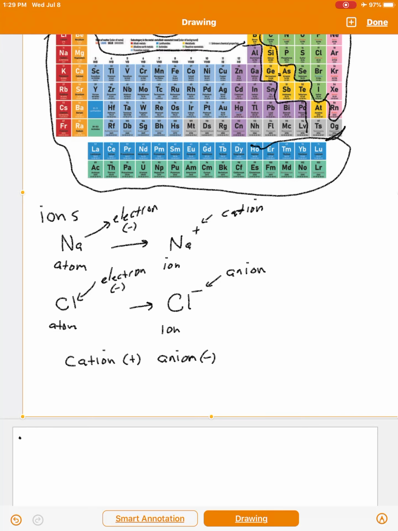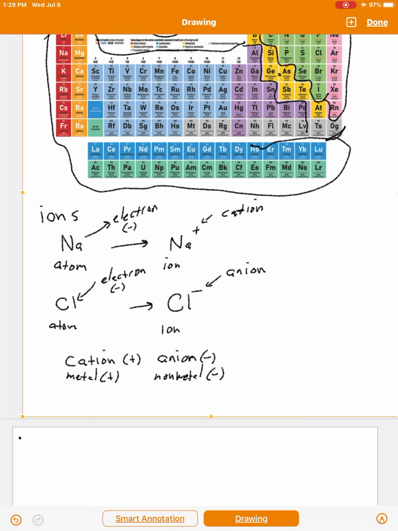So often, because metals are cations and nonmetals are anions, you name the metal and then the nonmetal. And then there are some details.